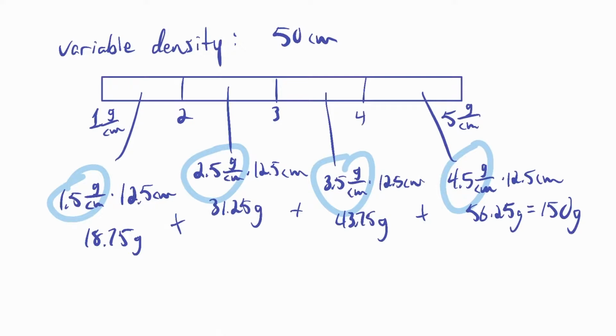If I take those densities, 1.5 plus 2.5 plus 3.5 plus 4.5, and just multiply by 12.5, yeah, I get 150. Cool. So we don't have any mistakes here.